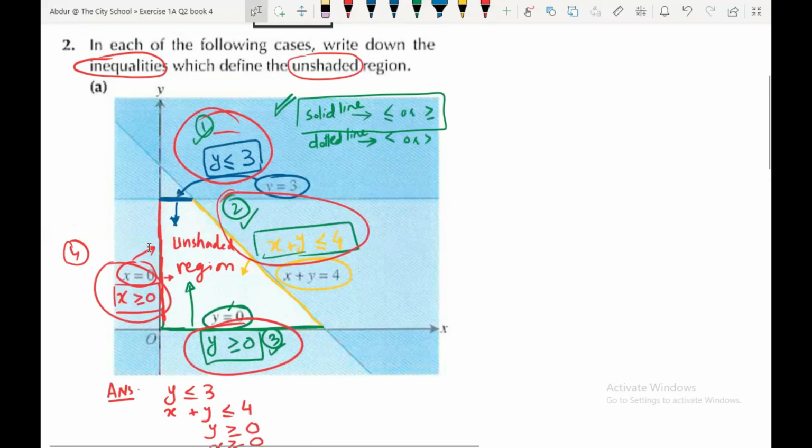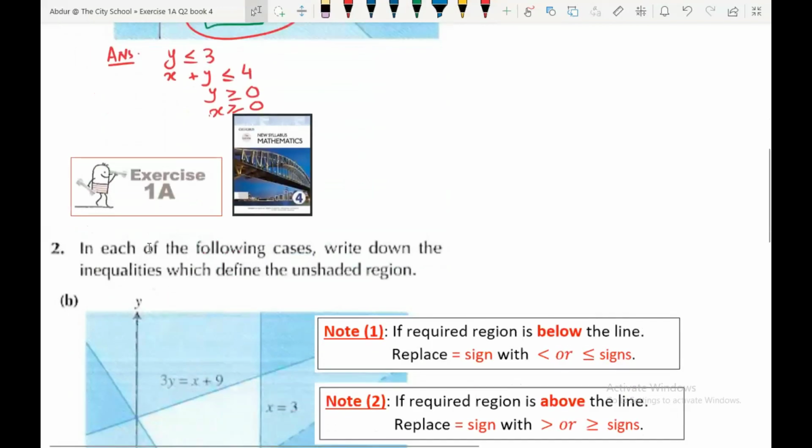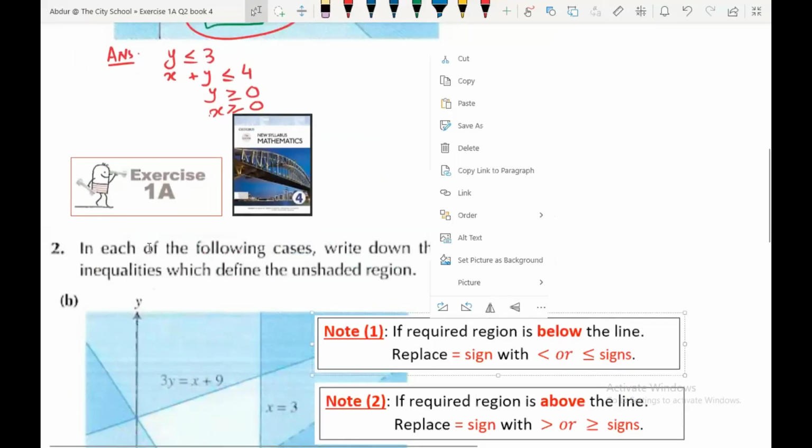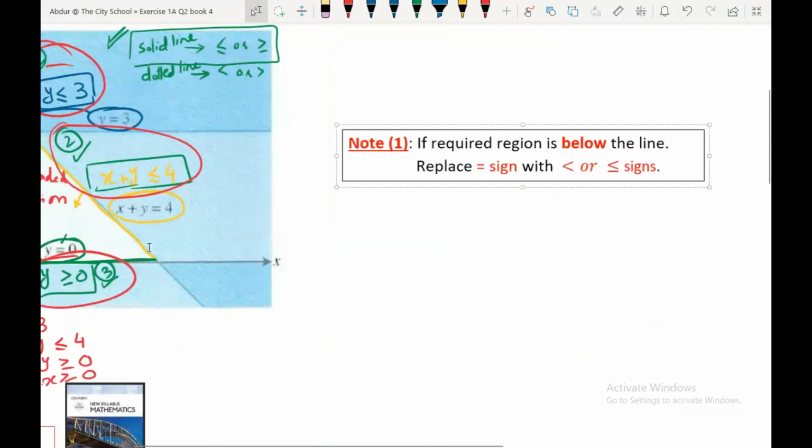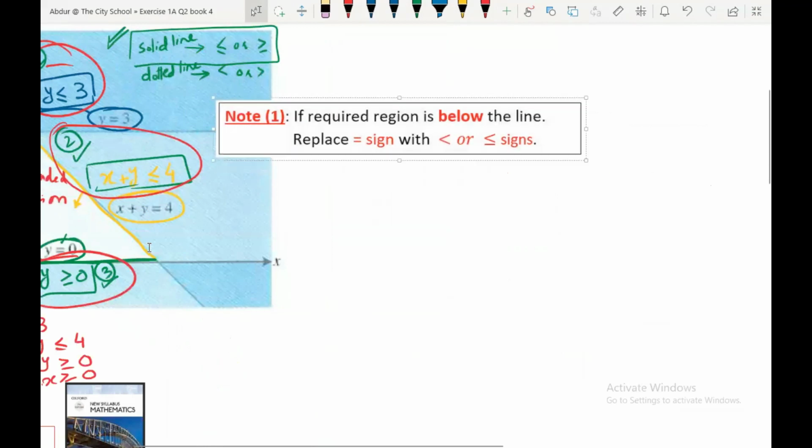You have to remember the notes for question number 2, part A. I'm going to paste the notes here. These are the notes for this part.